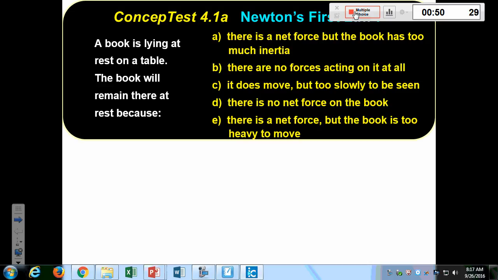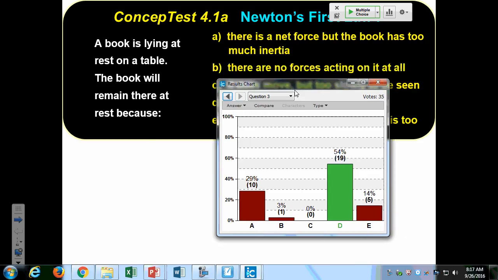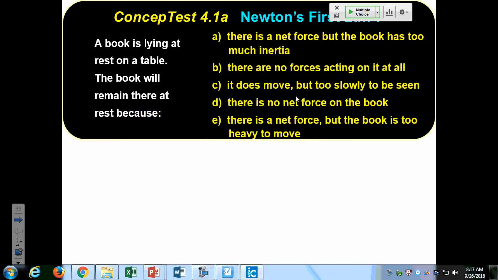All right, I'll stop at 55. Okay, D is right. So it's not that there's a net force, it's not A. If there's a net force, the object will accelerate. It doesn't matter what the mass is.